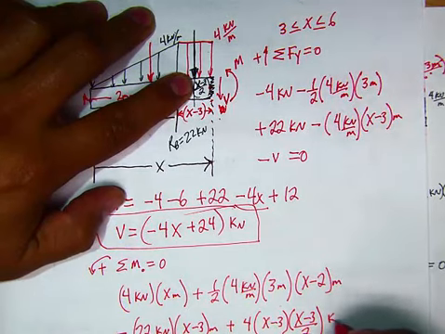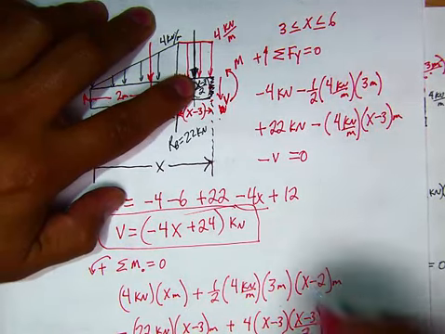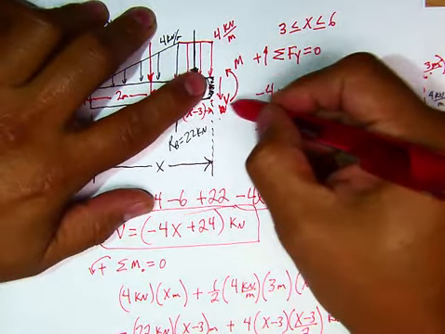This is, of course, in kilonewton meters. And now, last but not least, our moment m plus m equal to 0. Clean this up a little bit. That'll be leaving m on the left side of the equation, and flipping everything over to the right side will make everything negative. So, for example, this 4 times x will be negative 4x on the right side.